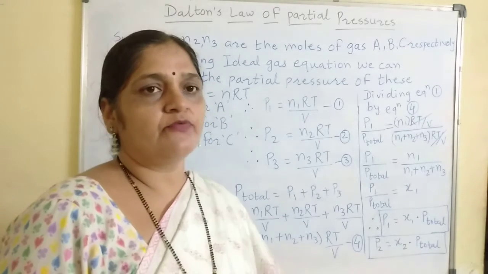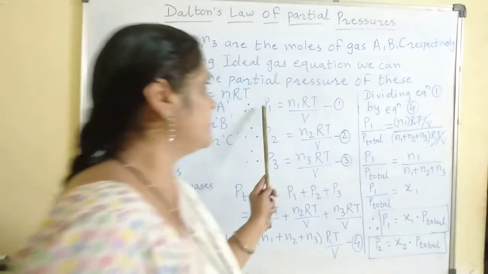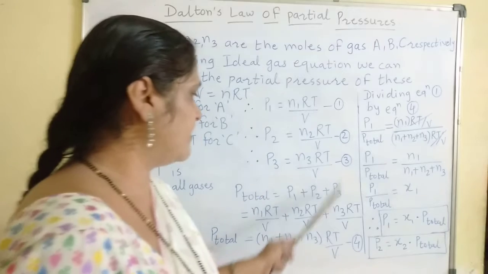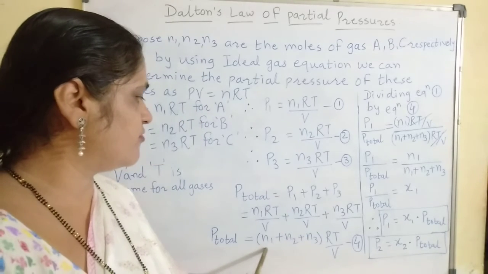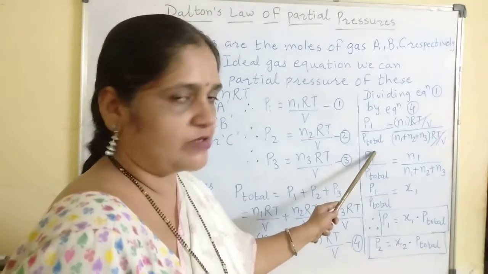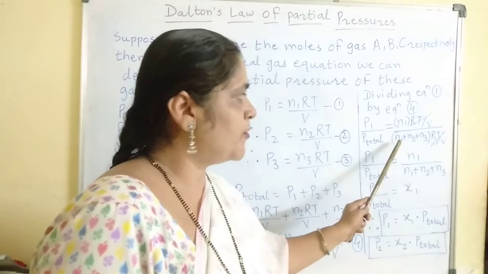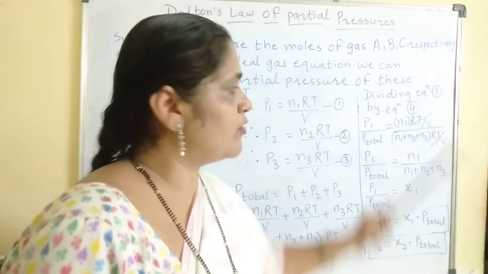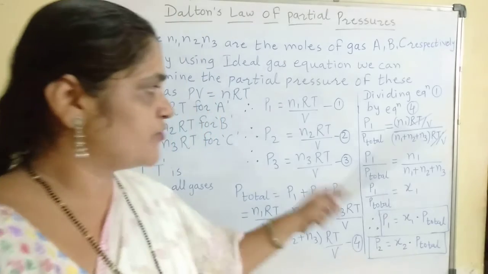Now we have to divide equation 1 by equation 4. Equation 1 is P1 equals N1RT upon V, and equation 4 is P total equals (N1 plus N2 plus N3) into RT upon V. So P1 upon P total is equal to N1RT upon V divided by (N1 plus N2 plus N3) RT upon V. RT upon V is common in numerator and denominator, so it cancels.